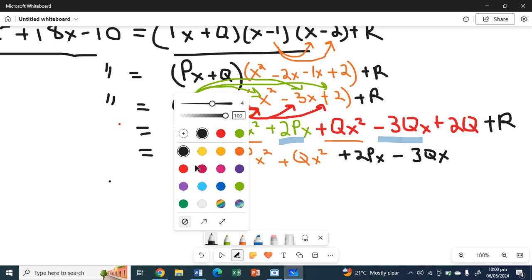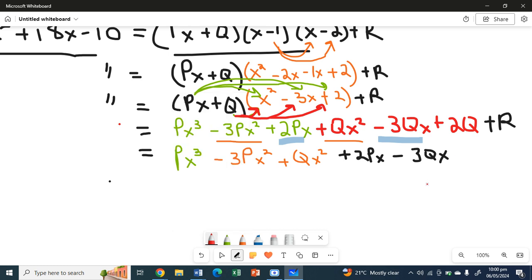Then anything that doesn't have an x attached to it, you put at the end. This 2q plus r, we just leave at the end, plus 2q plus r.